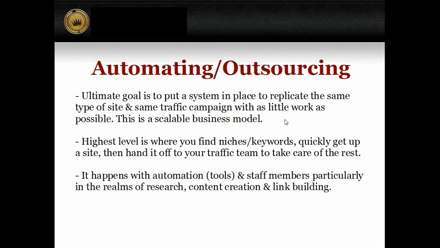It could work differently for you. You might not mind writing so much. You might feel quite competent at content creation. So you'll have other people research your niches and affiliate offers, you'll have other people do your SEO, and you'll just do that middle part where you create the content and have everything else around it taken care of. But that happens again with staff or with automation tools.